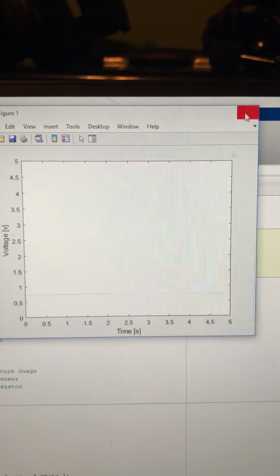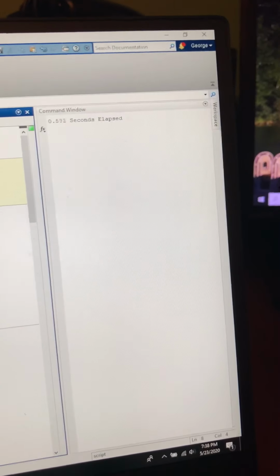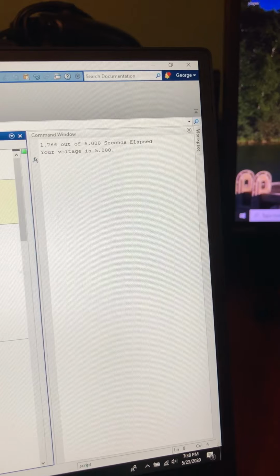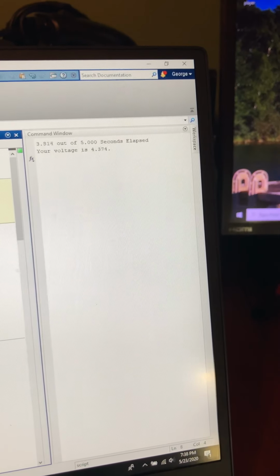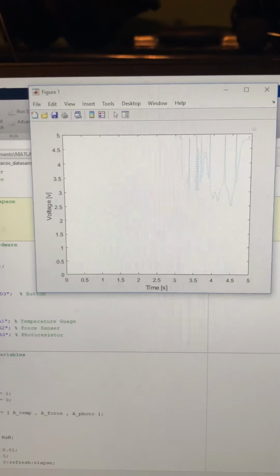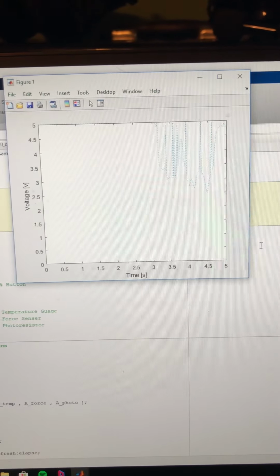Alright, now to select the next one, which is the photoresistor. That is a more than 2 second hold, and the photoresistor is selected, and I can use a flashlight in my hand to change the voltage on the photoresistor.